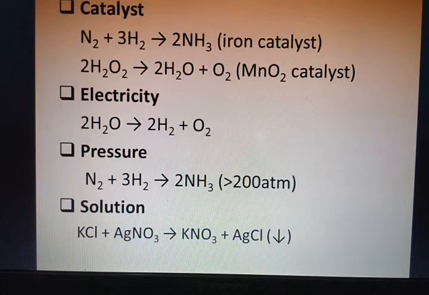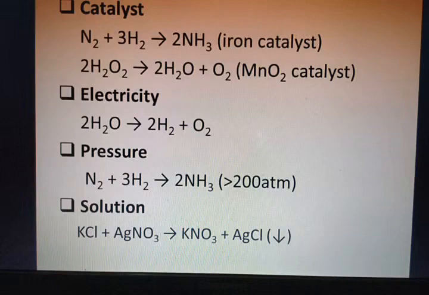Otherwise, if you write only iron or only manganese dioxide as an example of a catalyst, it is not accepted. So it's better to write the entire reaction, and with that particular reaction, mention which substance is acting as a catalyst. That will be the best way to give an example of a catalyst.